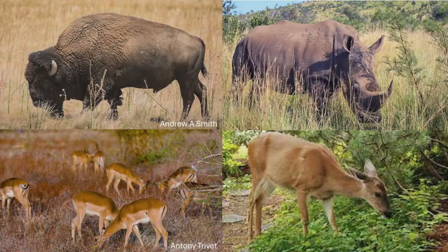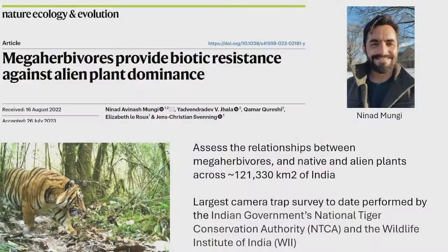And that's one of the things that we really want to pursue, is to look at how the intactness of top-down trophic impact and disturbance can curb this single species dominance of novel plant species in the system. So that brings me to Ninad's study.